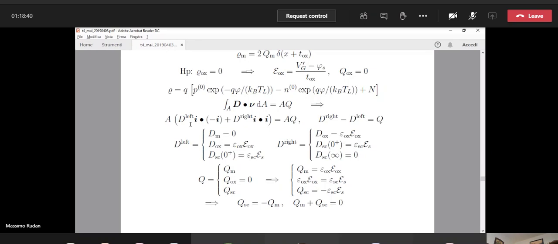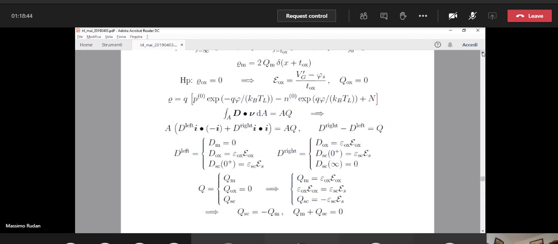For instance, if you consider the relation that provides the electric field in the insulator, this one, and you multiply both sides by the permittivity of the oxide, then the left-hand side will be Qm.